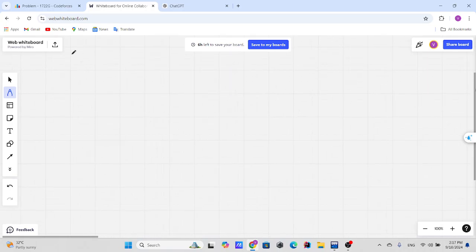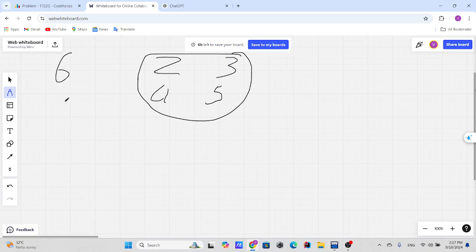When it's 6, what do we do? We can get 2, 3, yes. 4, 5, yes. This will be equal to each other, right? And we have 2 left. What can we do with that?